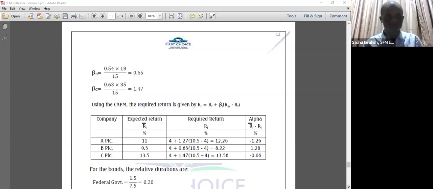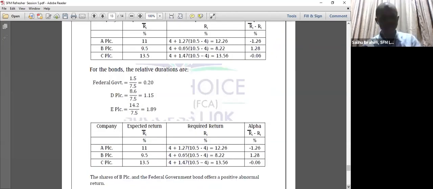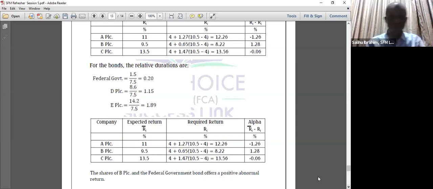Now you also go and do the same for bonds. For bonds, we compute the beta with respect to duration. So pick the duration of the government stock divided by the duration of the market. We have 0.2. Nothing like correlation.